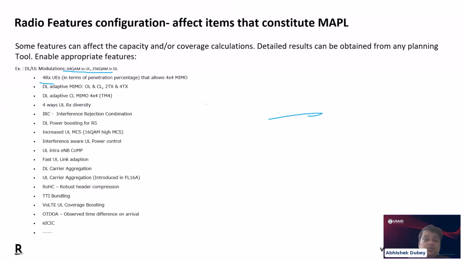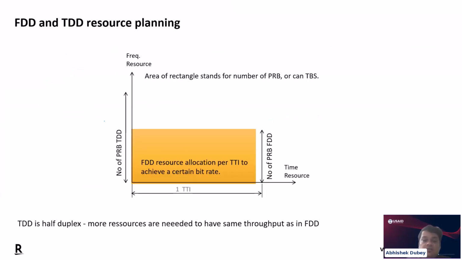So that is also going to impact your MAPL. Then if you're using closed loop MIMO or open loop MIMO or interference rejection combining features or downlink power boosting. So wherever, due to a feature, coverage is going to change, that impacts your MAPL calculation. So if you're considering those features, you need to consider their impact in the MAPL. Otherwise, your calculation cannot be correct. All right, so you need to consider these features very carefully.